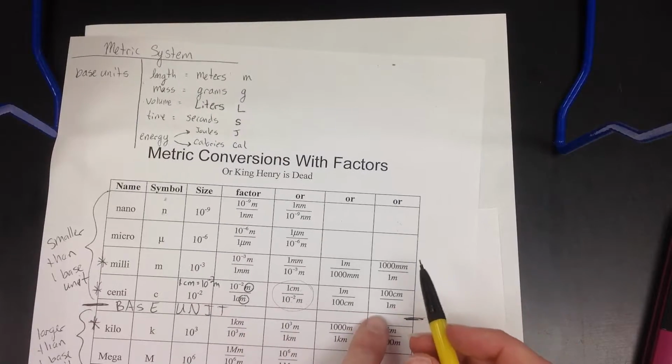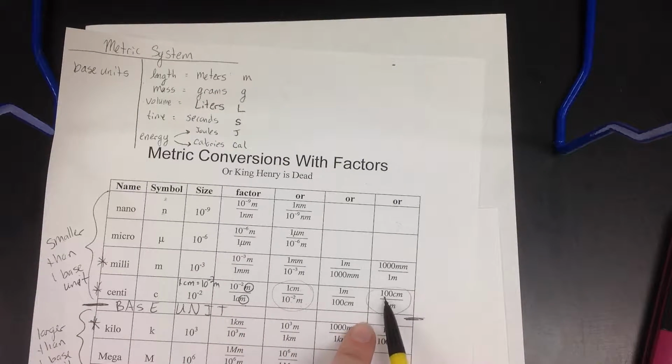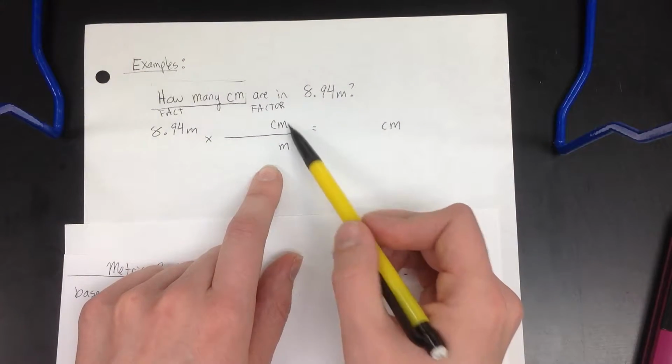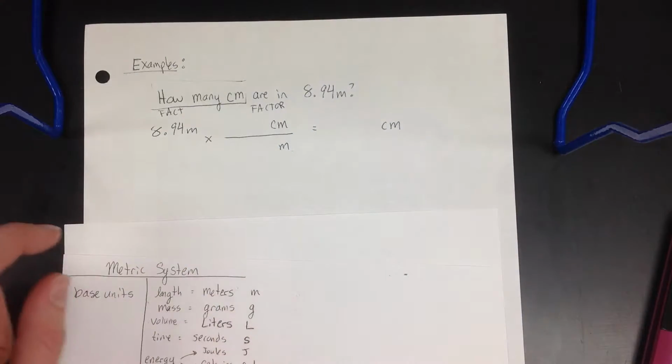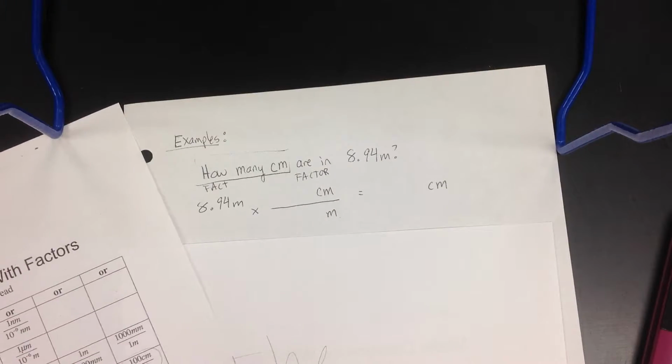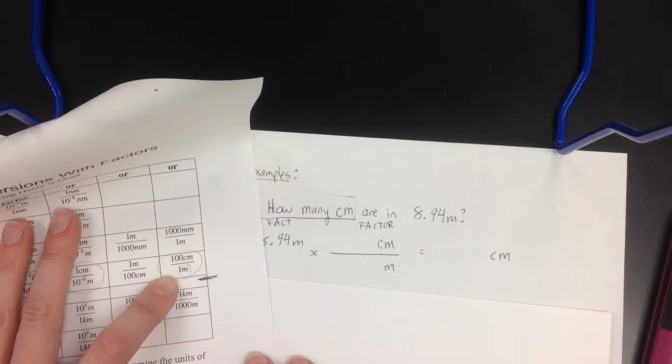But we could also use this one over here, where it says 100 centimeters is equal to 1 meter. Again, I want that base unit on the bottom because that's what I need here in order to cancel it. So I'm going to plug that information in. Let me try to put these pages next to each other.